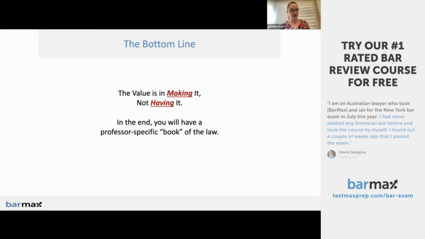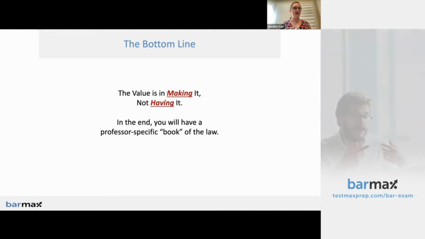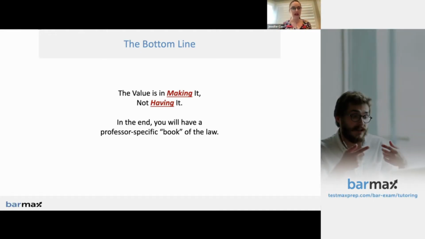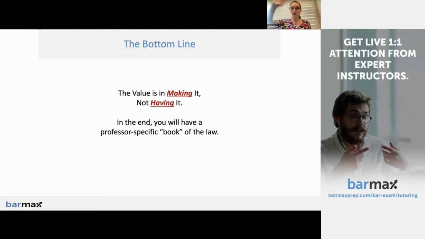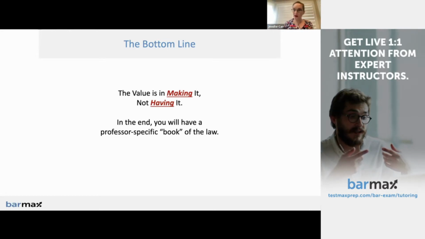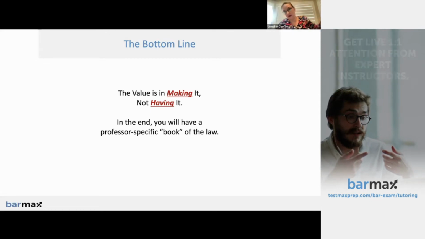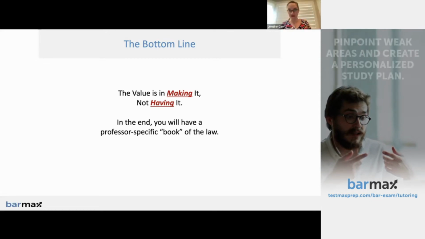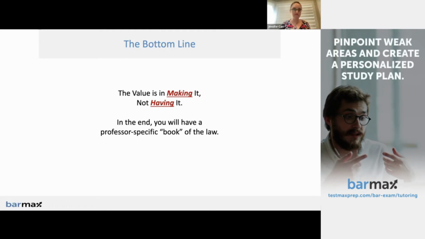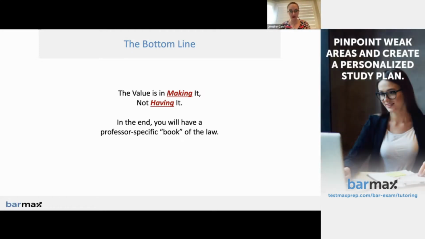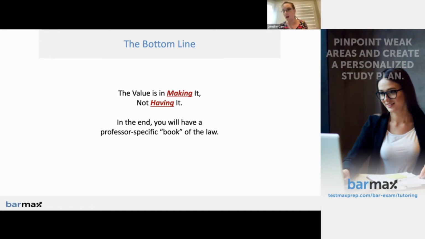What can be kind of frustrating about law school is we kind of drop you in a canyon and we say, figure your way out, make a map as you go. What a commercial outline does is say, we've made an outline for you, and it's going to help you: these are the things you should find in this canyon as you go.